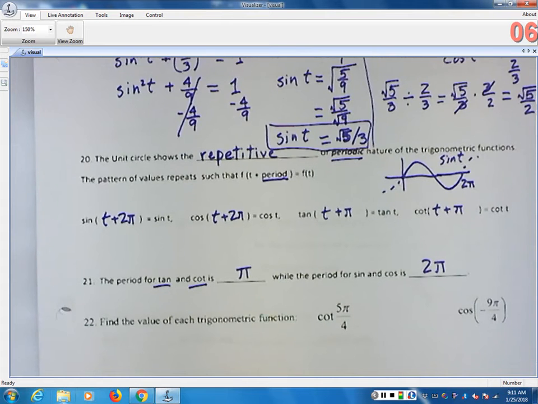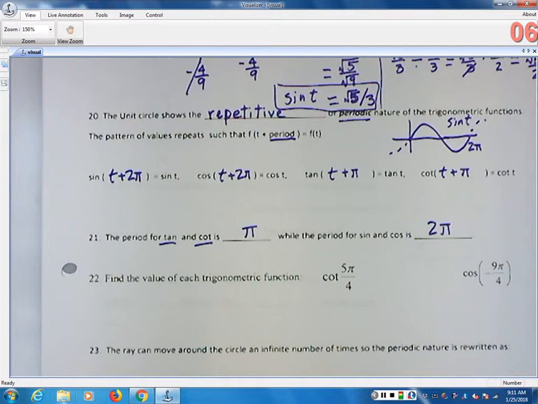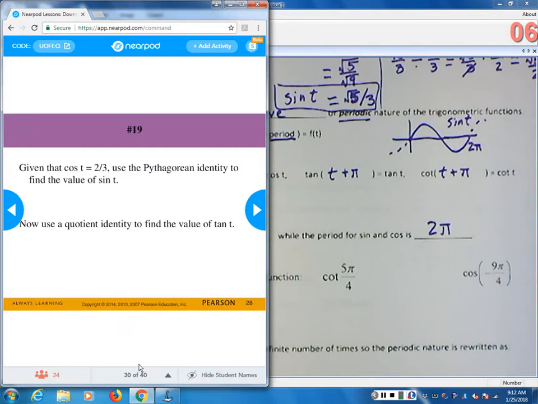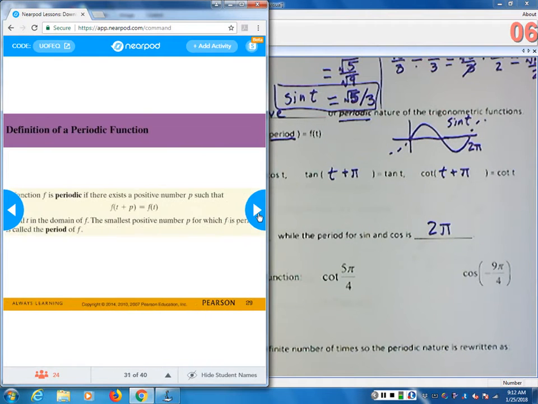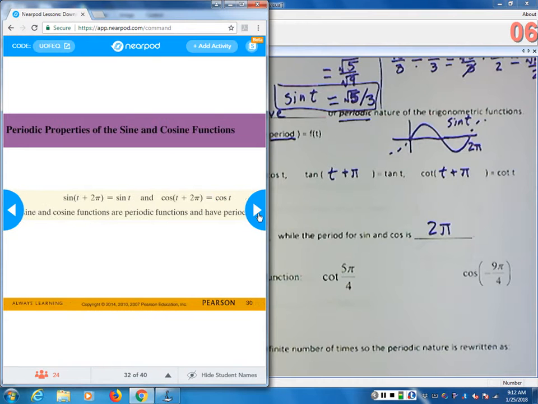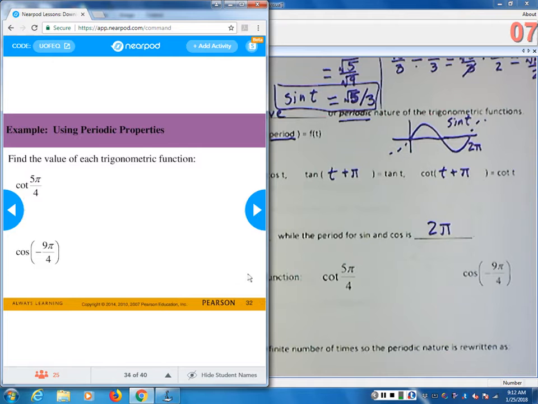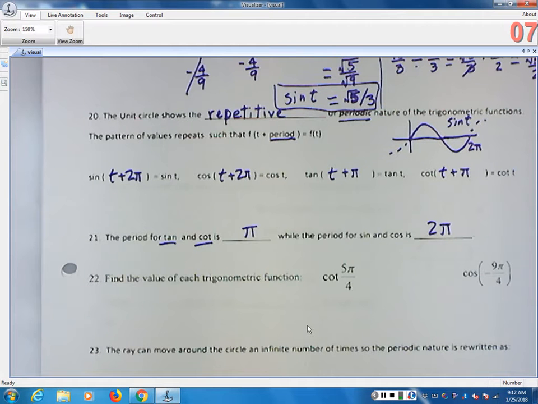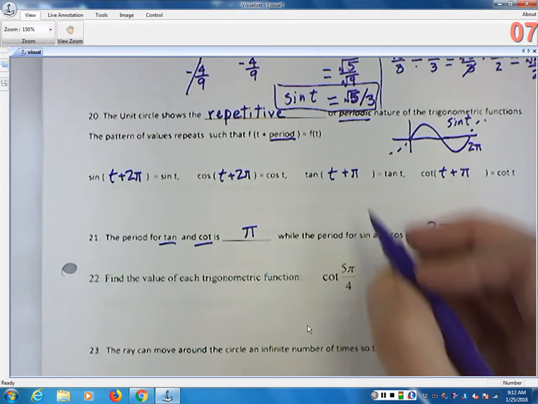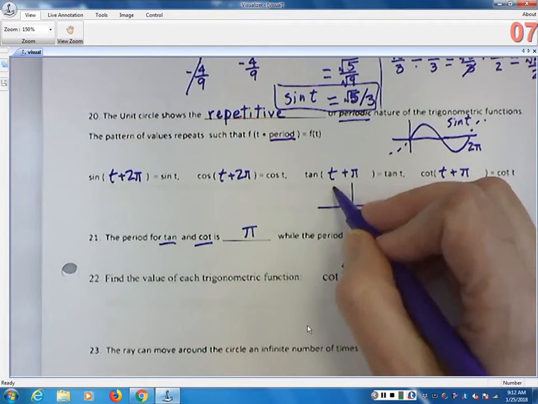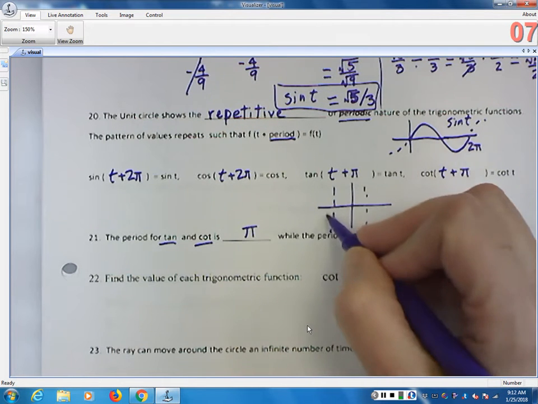I'm going to see if I have some pictures. I don't think there are any pictures. They don't show you the pictures. So tangent looks like this. This is minus pi over 2.